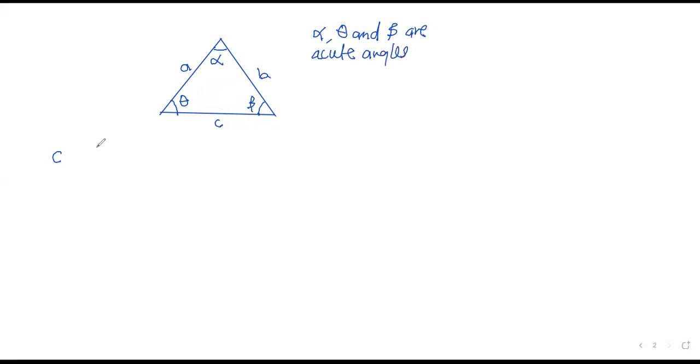If I'm looking for C, the square of C is equal to the square of the other two sides plus 2AB cos of theta. It can also be minus 2AB cos of the corresponding obtuse angle, cos 180 minus theta.